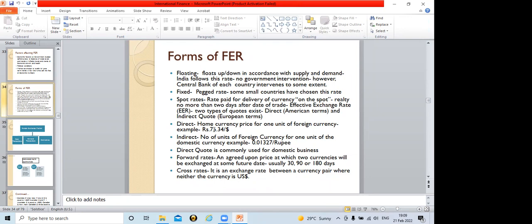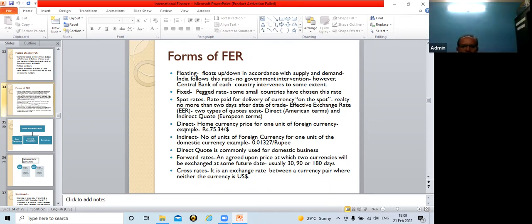So in the examination, if you are asked to recognize which is a direct quote and which is an indirect quote, can you recognize now? Yes or no?